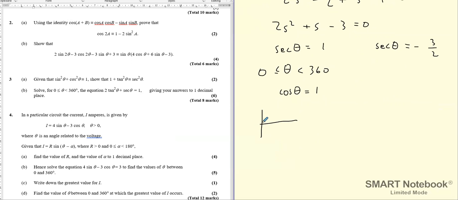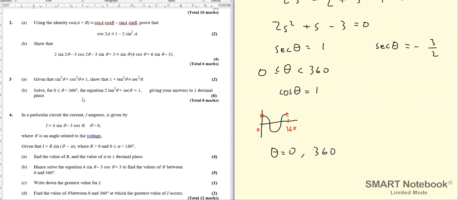Now, when we get cos equal to 1, we want to use the diagram. So there are 2 points on the diagram that give us the right solution. One solution is 0. So theta either equals 0 or it equals 360, because cos of 0 is 1 and cos of 360 is 1.